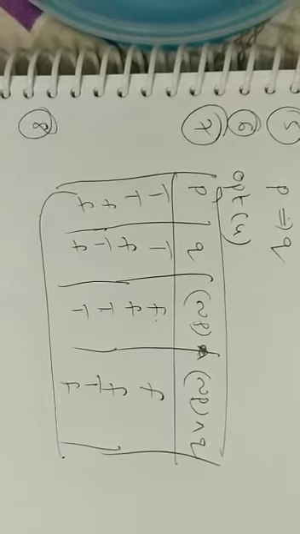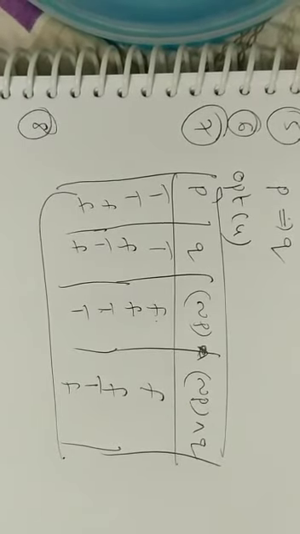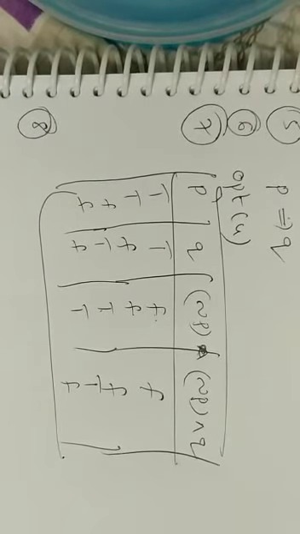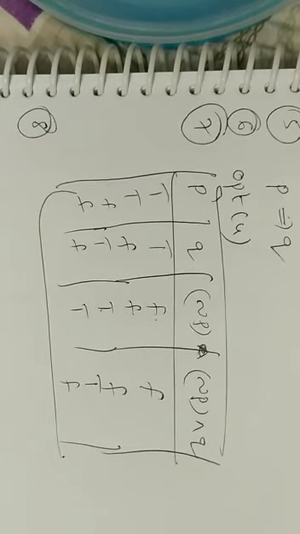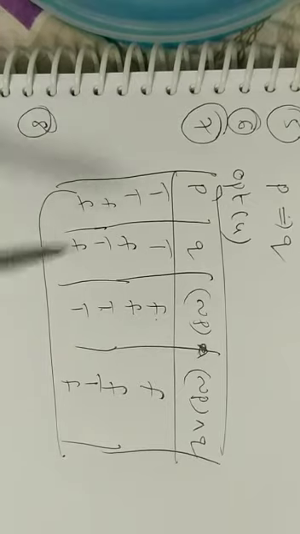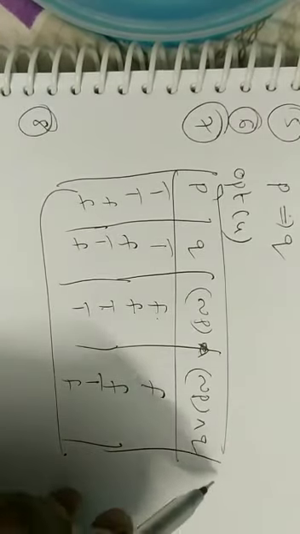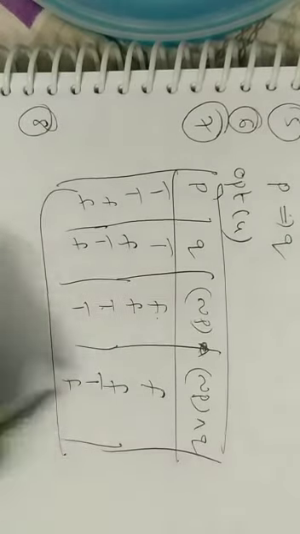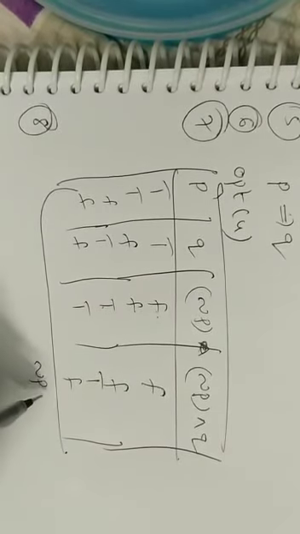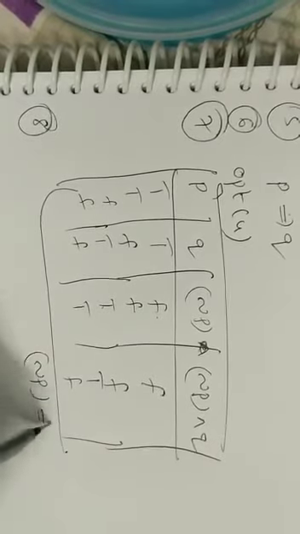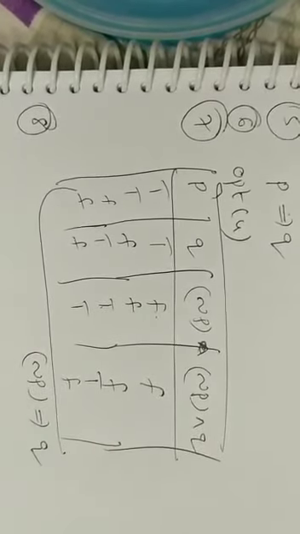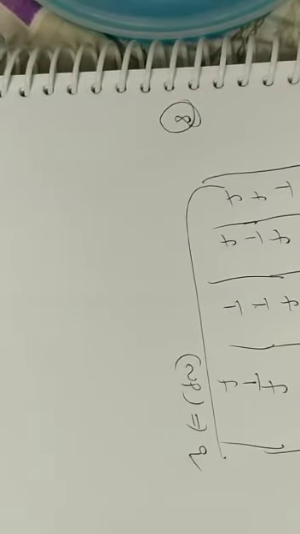Question number 8 is also the same. Here verify the truth value. Negation P implies Q means the same truth table only. P and Q you treat as before. What about the value?